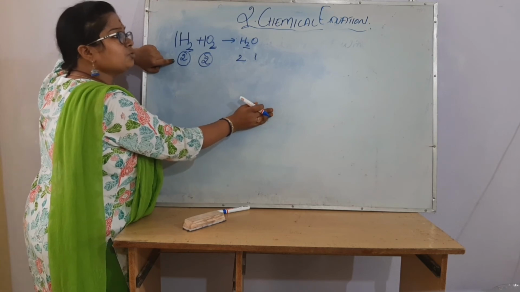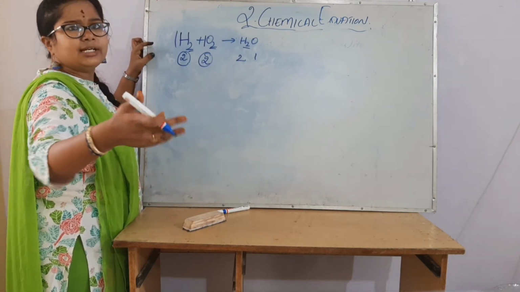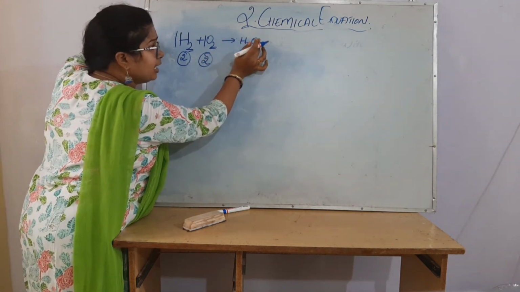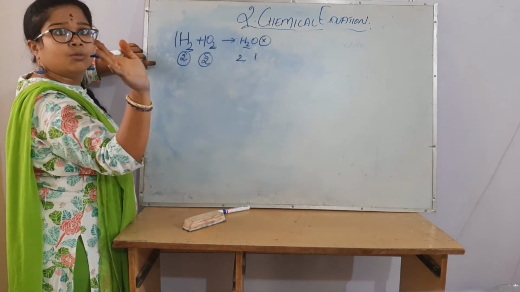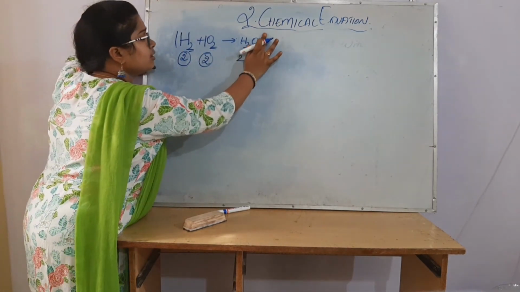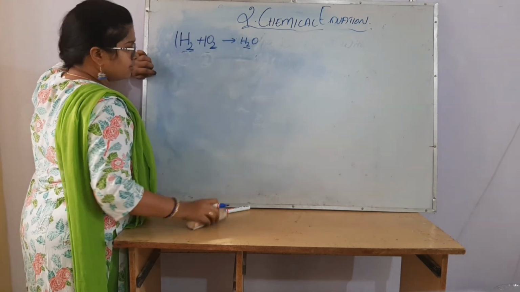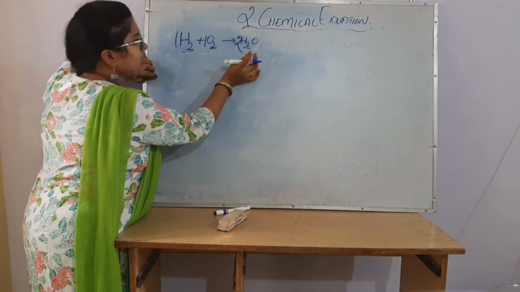Whatever you want to balance, you need to add to the coefficient. Where do I need to add? Not here, they will put you in jail if you add here. Here you should add. Multiply.